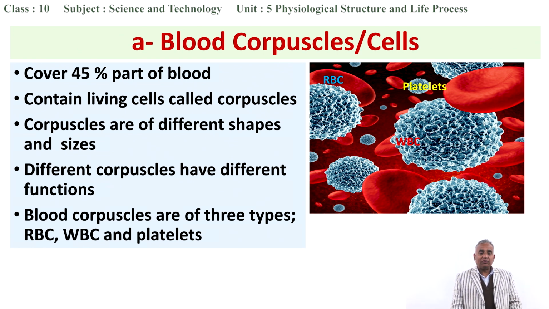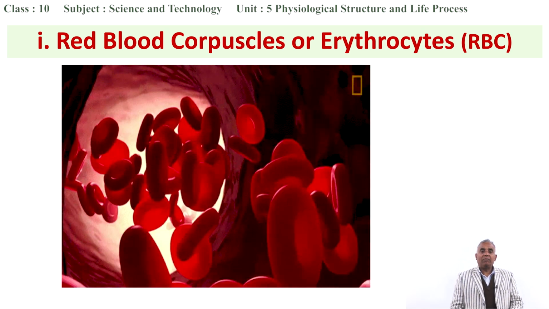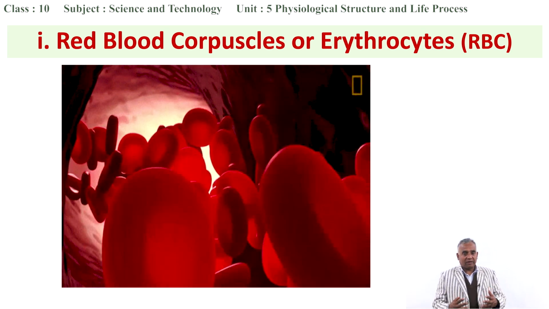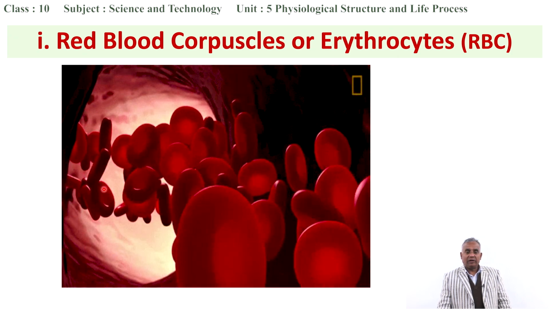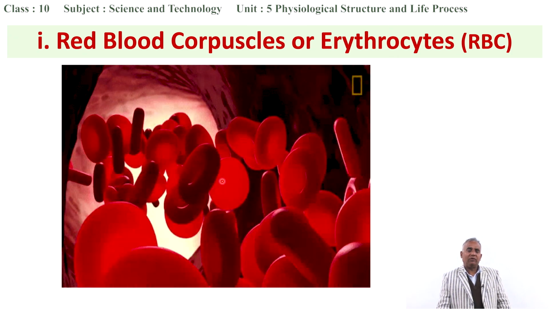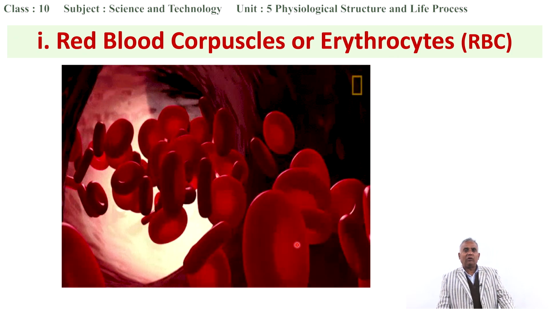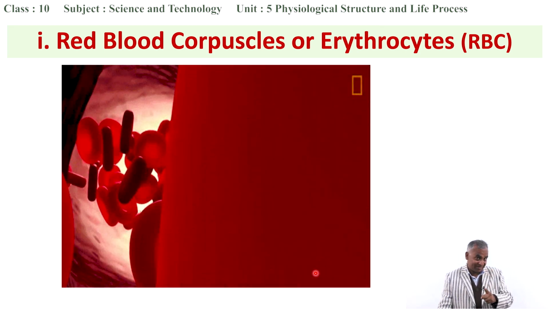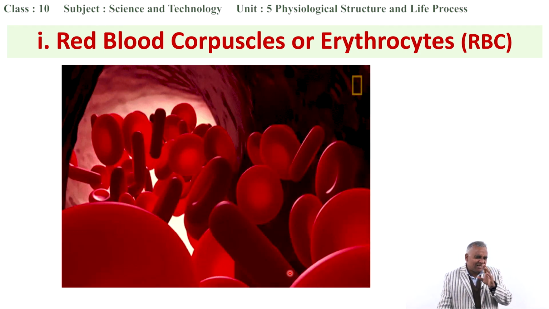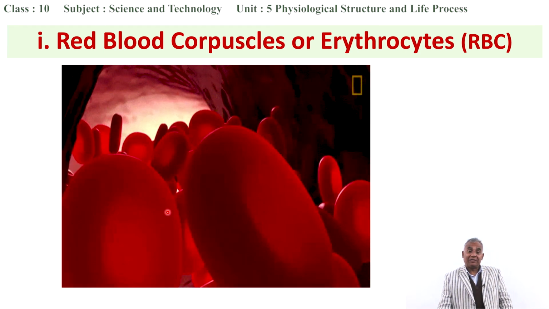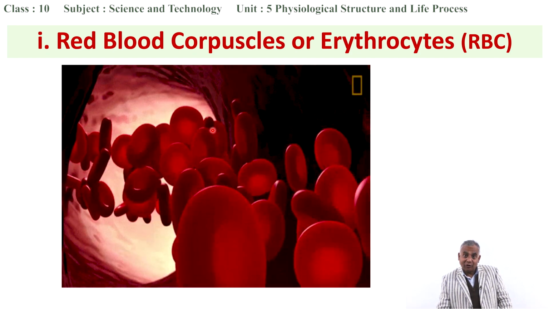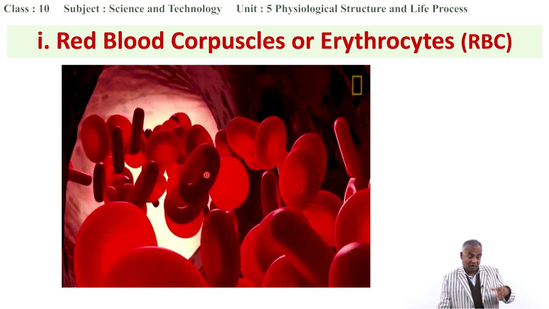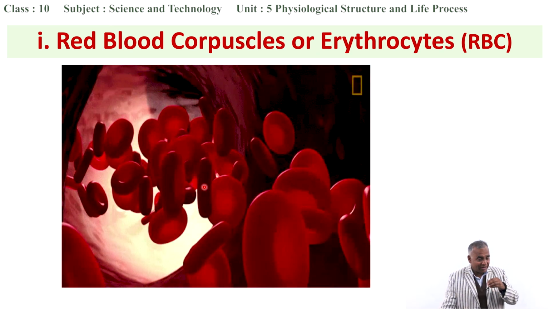Now we are going to study red blood cells, also called erythrocytes. Not only RBC flows; WBC and platelets also flow with them, but WBC has sluggish movement, and sometimes WBC passes out through the wall.